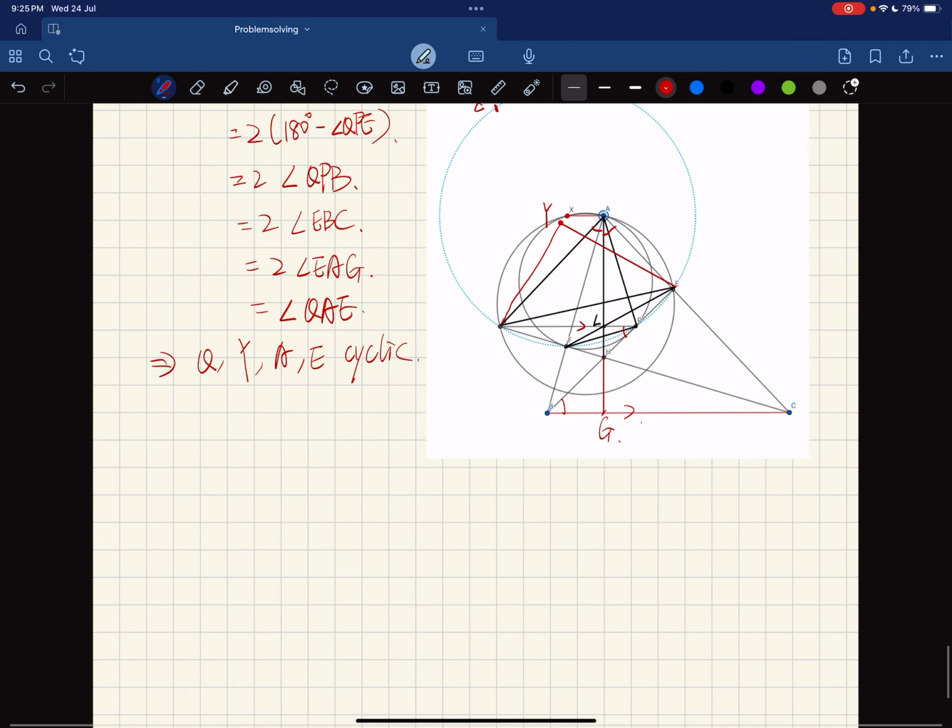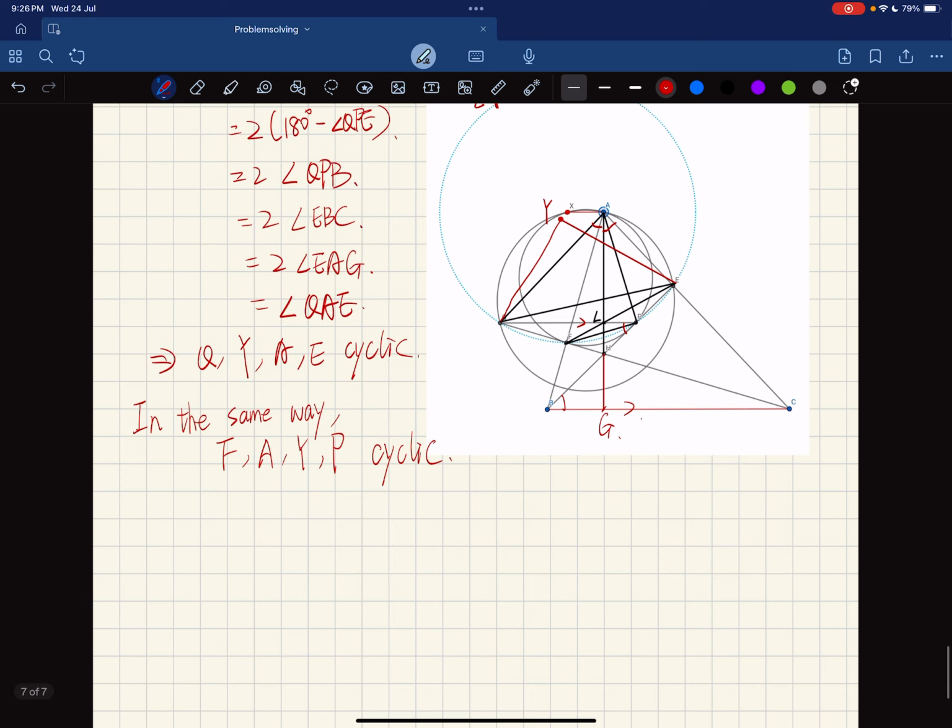So in the same way, F, A, Y, and P are also cyclic.